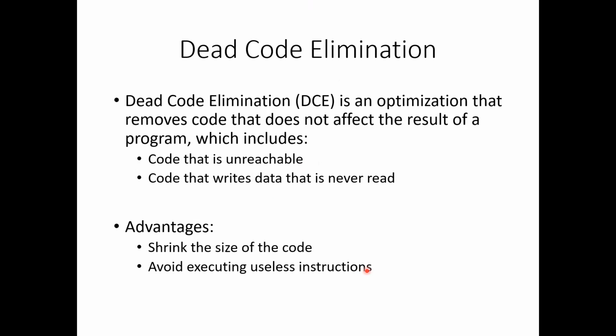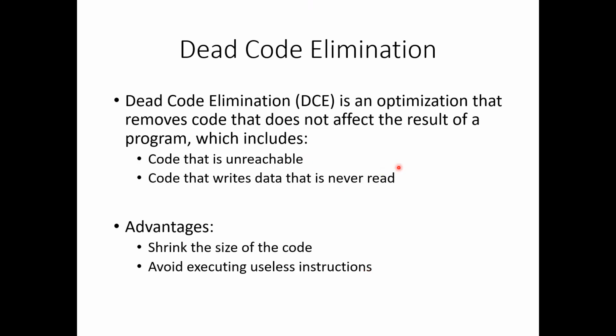Okay, now how can we do that code elimination? How can I remove code that is unreachable? If I have a control flow graph, how do I know that certain code is unreachable? Right, if there are no incoming branches into the control flow graph, that means the code is unreachable.